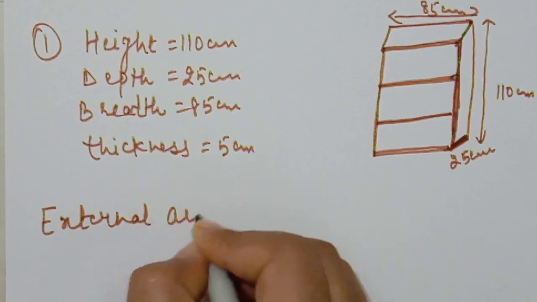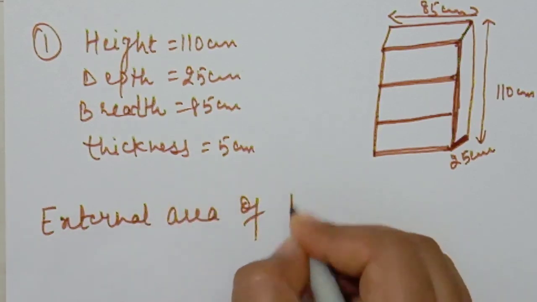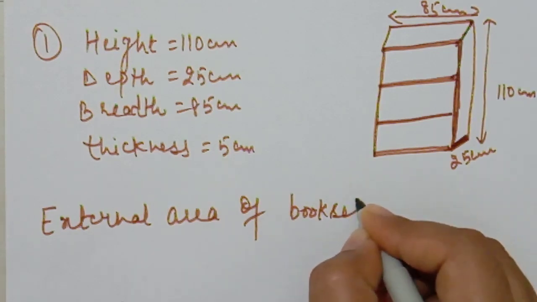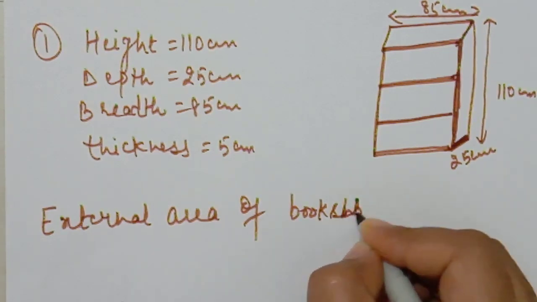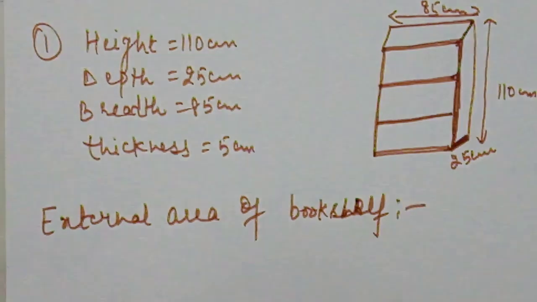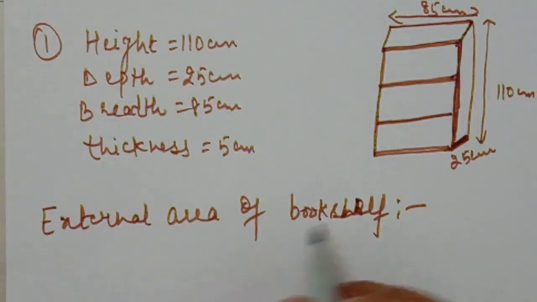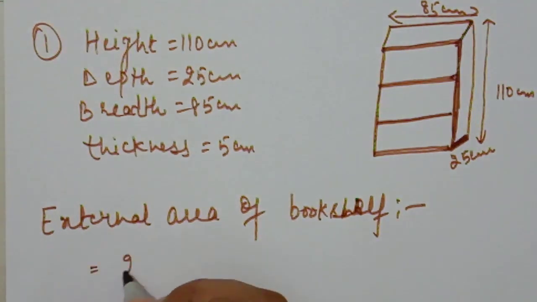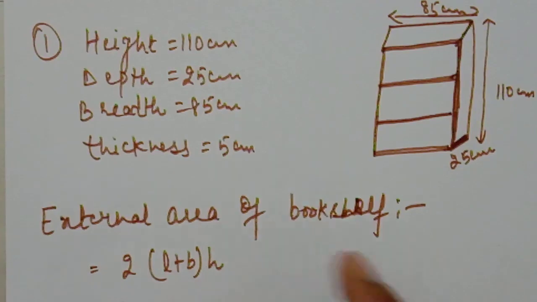So the external area of the book shelf. First of all we have to take all 4 sides area, which is 2 into (L plus B) into H, the lateral surface area.